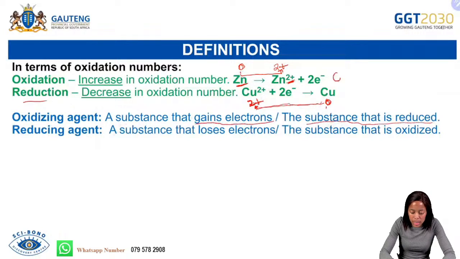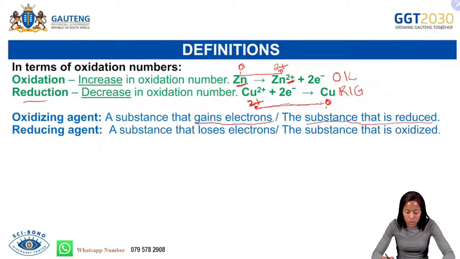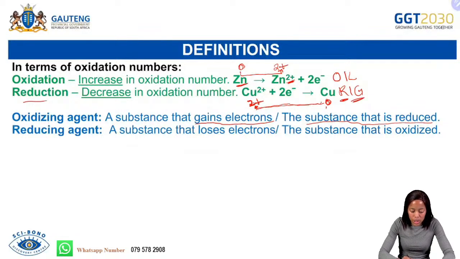Remember, we said oxidation is OIL, and reduction is RIG. Oxidation is loss, but with reduction, it's gain. So from the definition here, a substance that gains electrons, or a substance that is reduced.